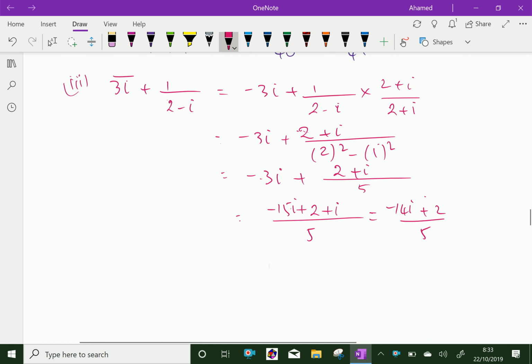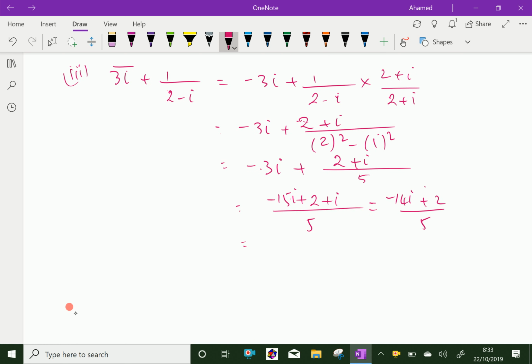So we write separately real and imaginary part, that is 2 over 5 plus i into minus 14 over 5.